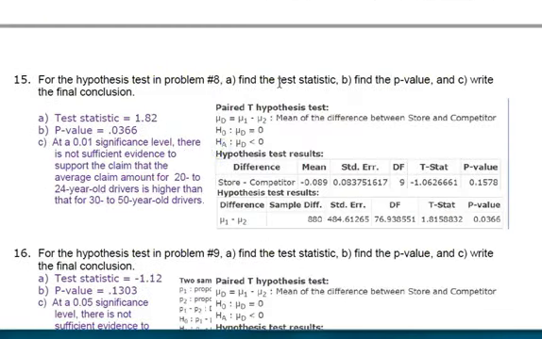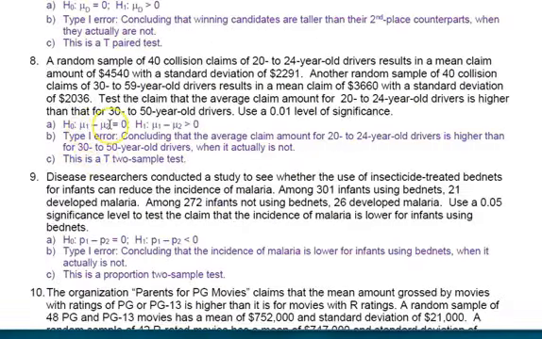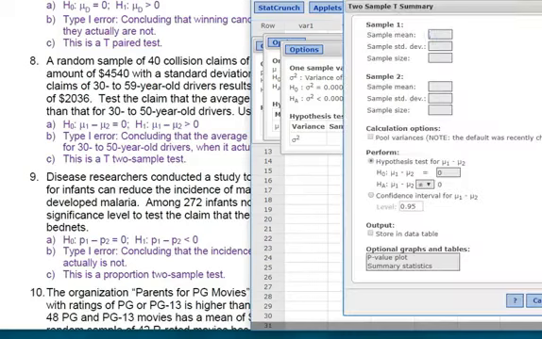For number 15, we're going back to the information in problem number 8. This is the one where we had the test about the two means. So this was a T two sample test. In StatCrunch, we're going to do T-stats two sample with summary. So it's asking us for two sets of information, the sample mean, standard deviation, and sample size for each of our two samples.